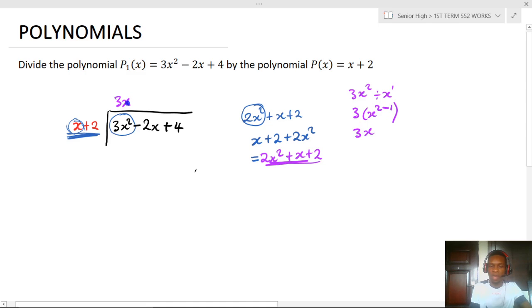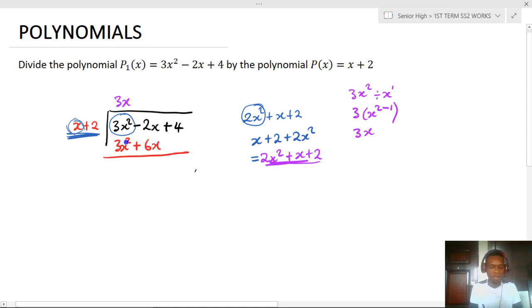So here we have 3x. Then we multiply the value you got here with everything in the divisor. When 3x multiplies x, you have 3x squared. And when 3x multiplies 2, you have plus 6x.